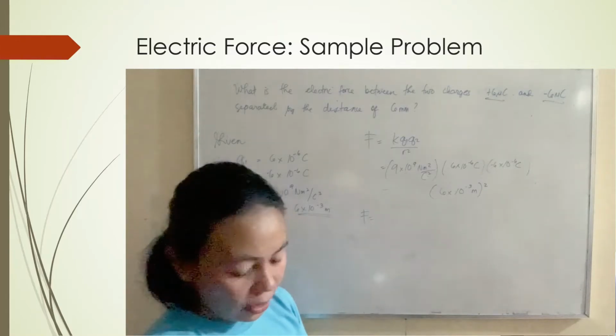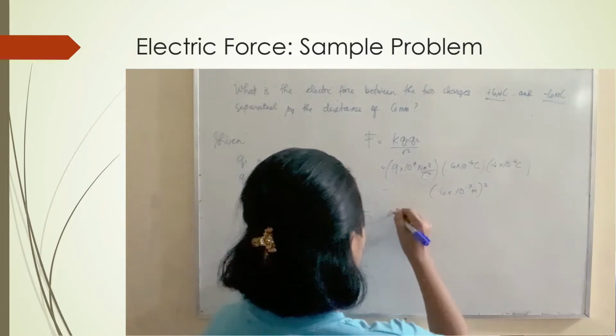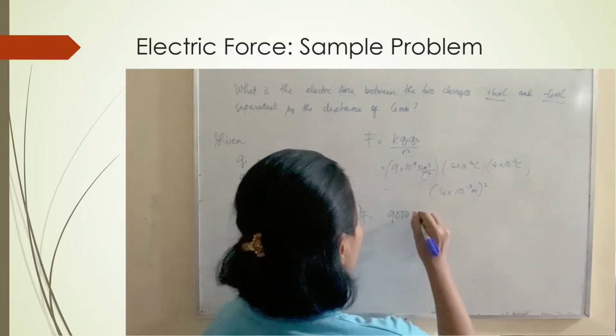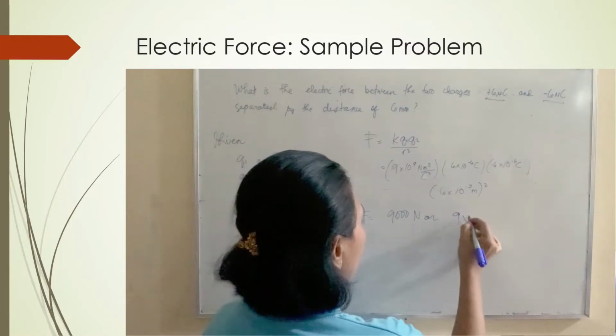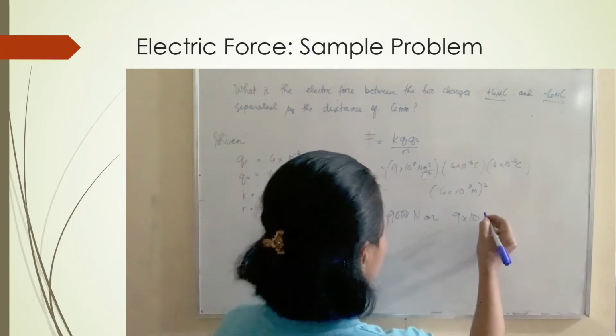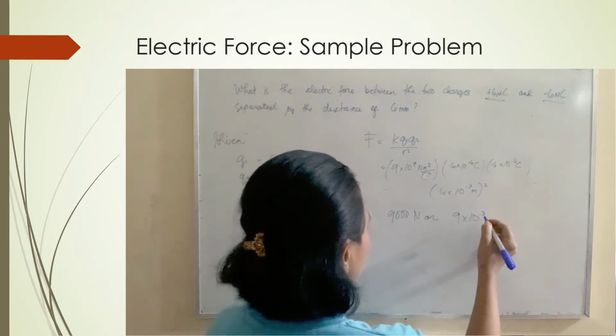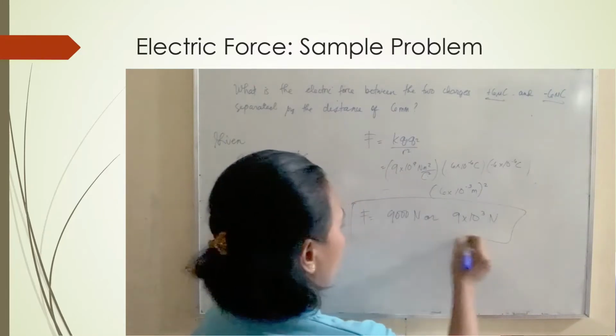The answer is 9,000 Newton, or 9 times 10 raised to 3 Newton.